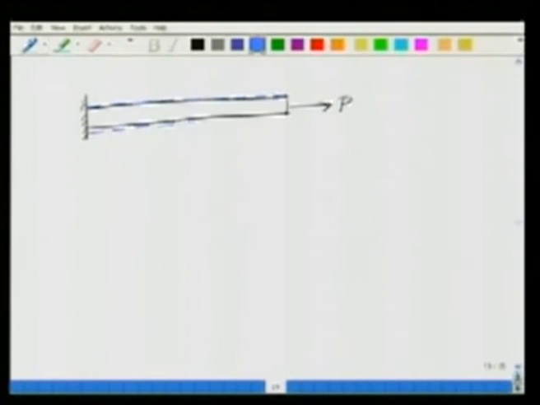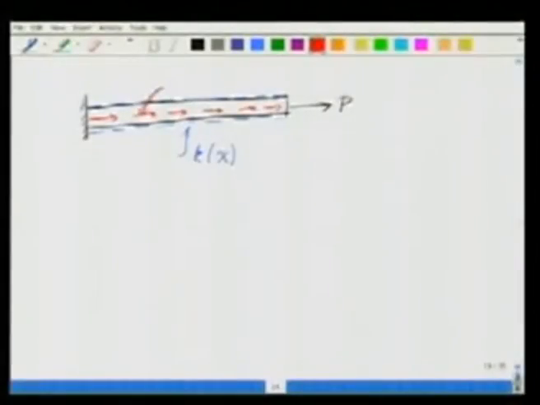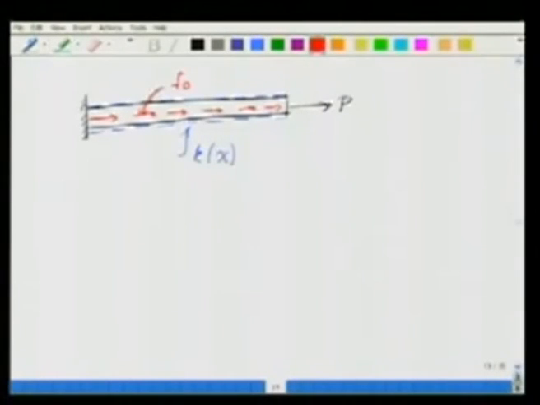So it is an axial support which leads to a distributed spring constant k(x). As if the bar is resting on a rubber padding, and this rubber padding is applying a uniform resistance with the force proportional to the displacement, and the proportionality constant is k of x, because it is changing with the position.